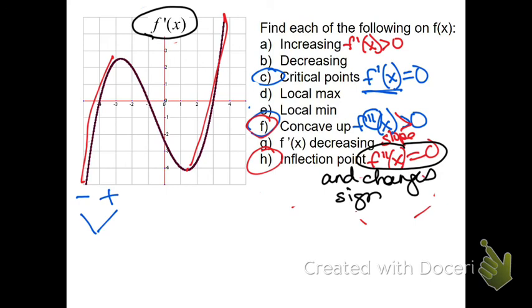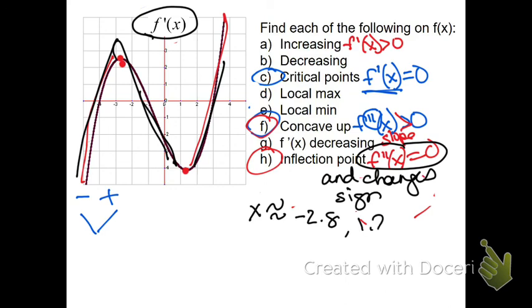Well, slope changes signs from positive to negative, so that's here. And slope changes signs from downhill to uphill, that's going to be here. So my maxes and mins are actually the inflection points. So x is approximately negative 2.8 and approximately 1.2.